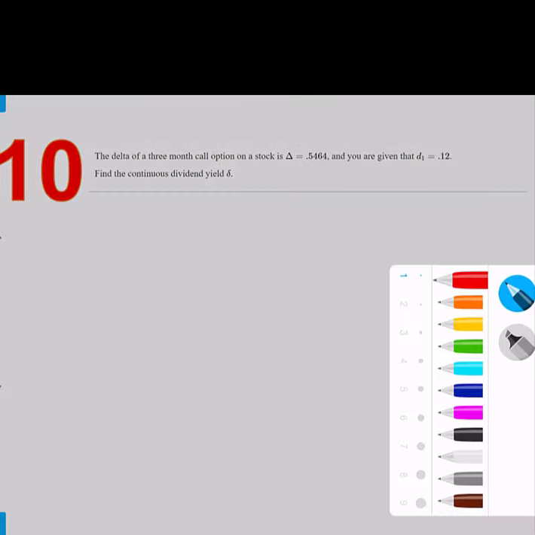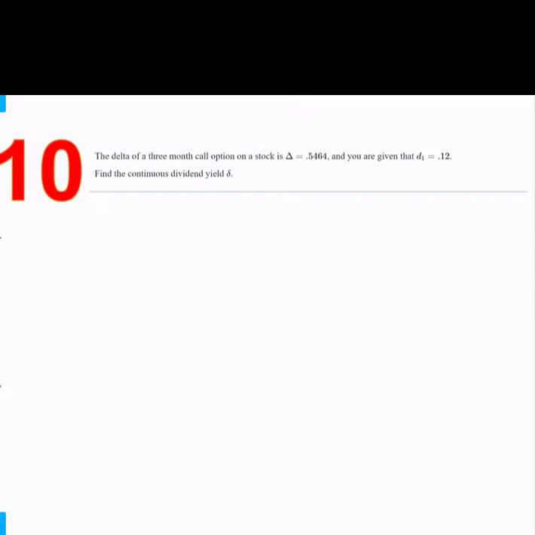Number 10. This is the last problem. Let me make it bigger for you to read. The delta of a 3-month call option on the stock is 0.5464, and you are given that d1 is 0.12. Find the continuous dividend yield rate. 3 months, so T should be 3 over 12, because a year has 12 months, which is 1/4.